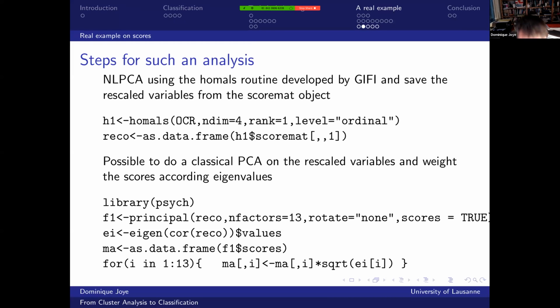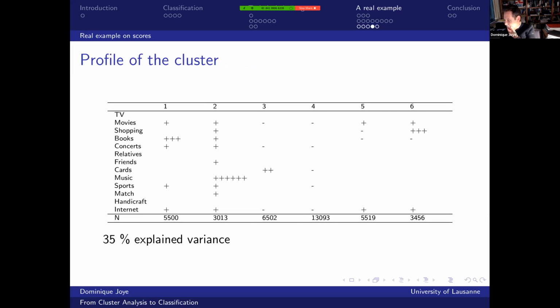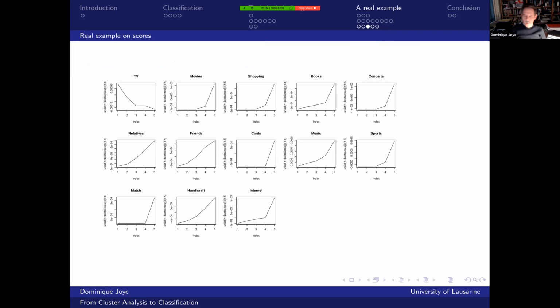So from this point, we can take the same strategy as before and use this analysis of rescaled variables. I don't have the in-between results, but it doesn't matter. We can do the same. So first, a non-hierarchical analysis with, for example, 20 cases.